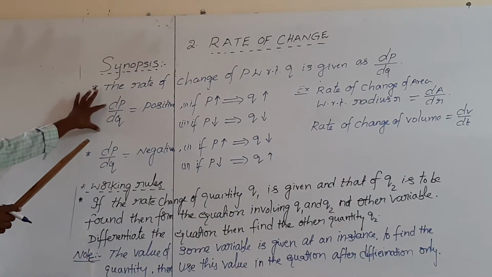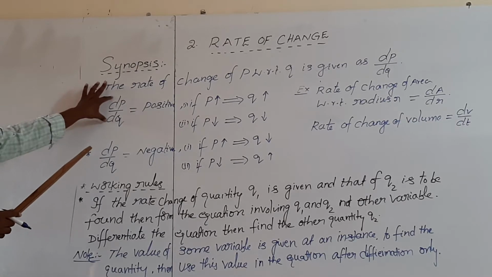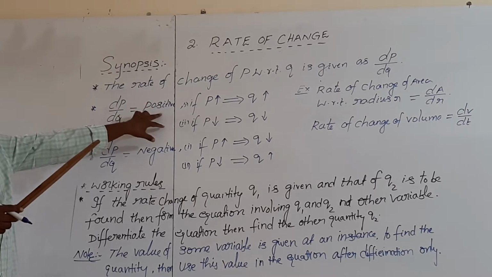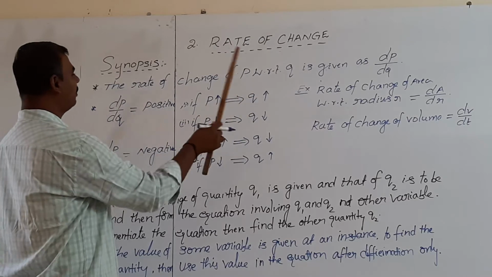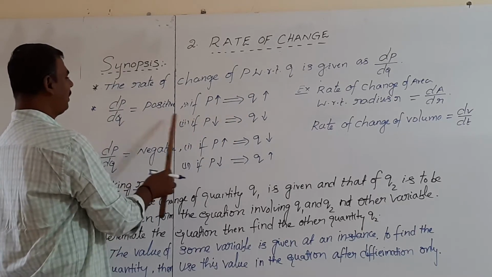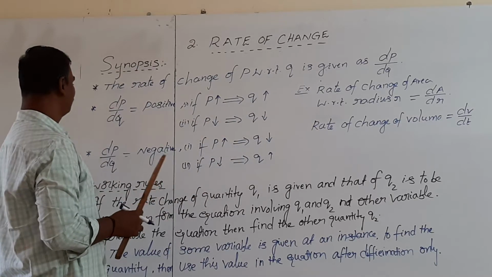Here are some important things. If dP by dQ is positive, then if P increases, Q also increases, and if P decreases, then the corresponding Q also decreases.